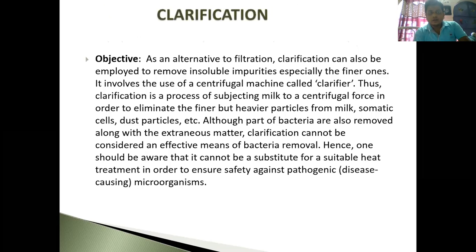Now the clarification. This is almost the same as the filtration process, but it is basically used when skim milk powder is produced. We all know milk contains around 4% fat, but skim milk powder has basically 0.5% fat. So when we produce skim milk powder, first of all you have to remove the fat.